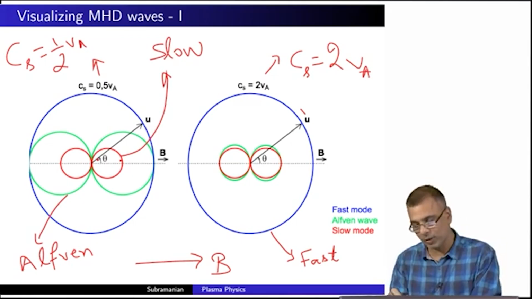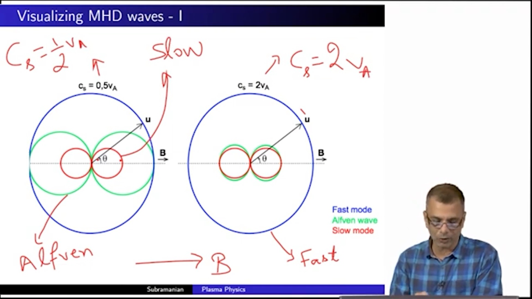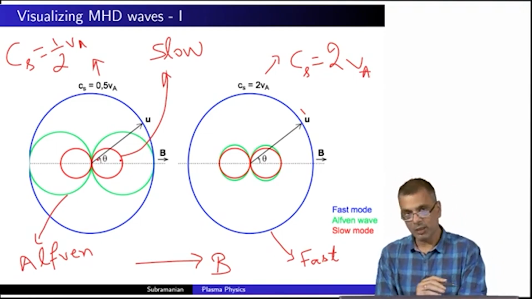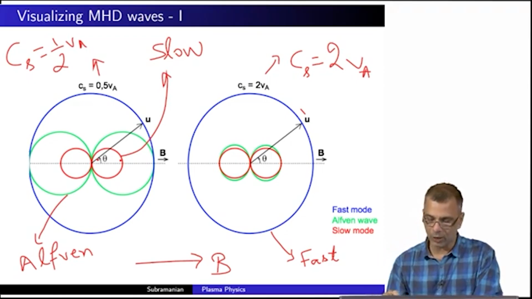Okay, and as far as anisotropy goes, in this case the Alfvén mode and the slow mode preserve the same kind of cosine squared theta dependence, except the speed difference between the Alfvén mode and the slow mode has become much smaller.